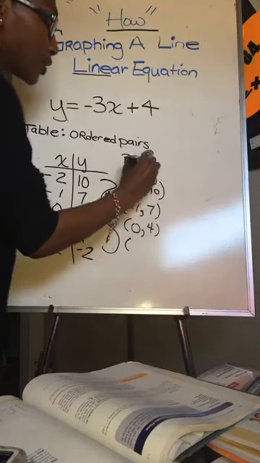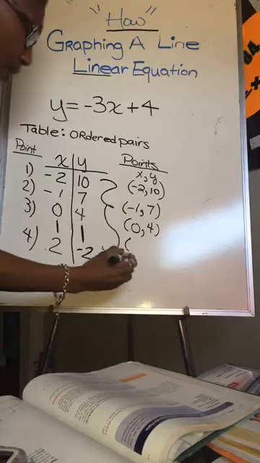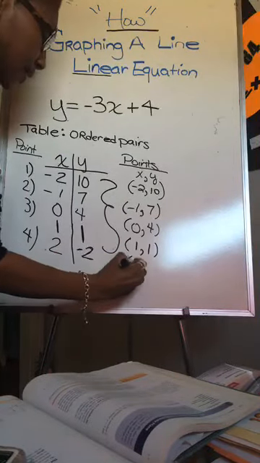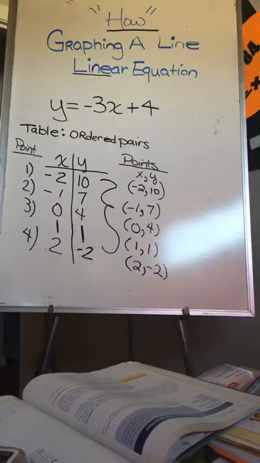We also call this your points. You're plotting these points, okay? Point 1, point 2, point 3, and point 4. And that hopefully would give us a line that we have to connect all together. All right, so we have 1, 1, and lastly 2, -2. So now we have our points that we can graph or we can plot.